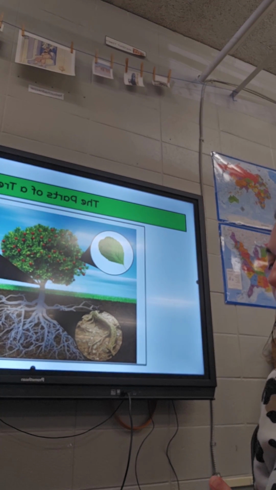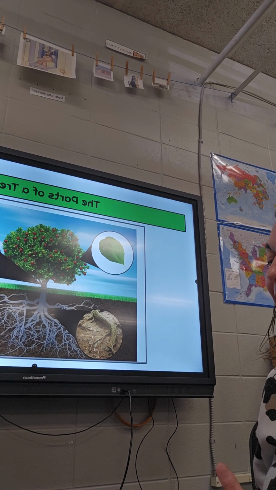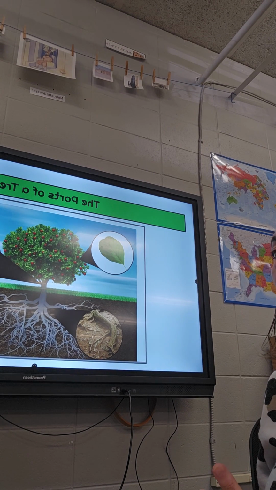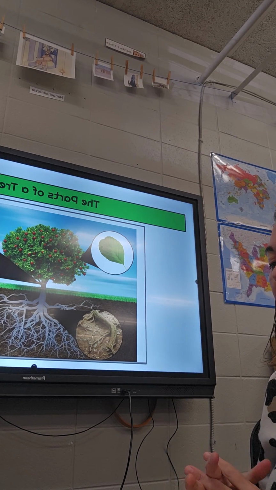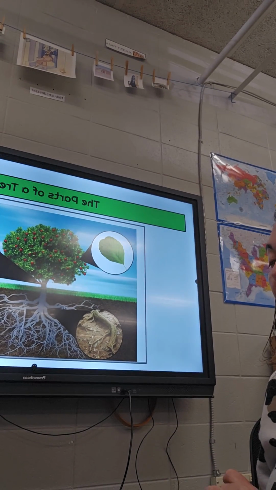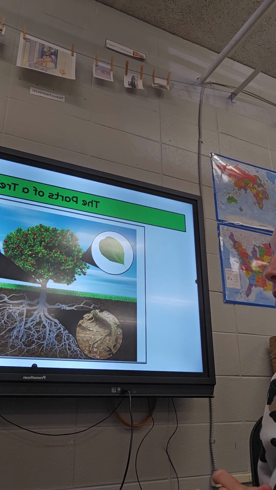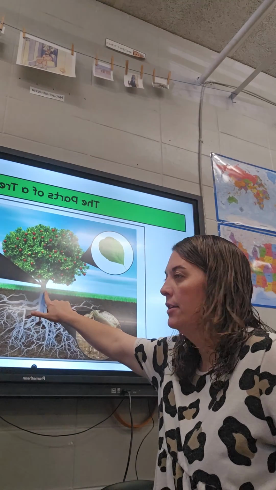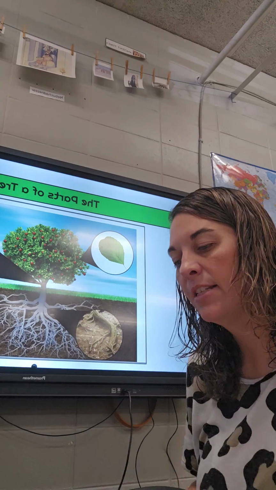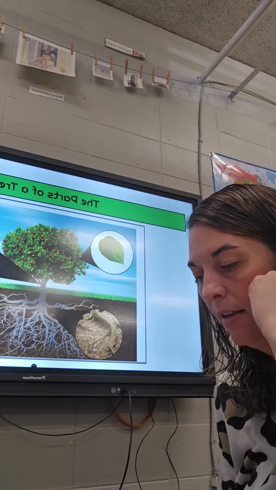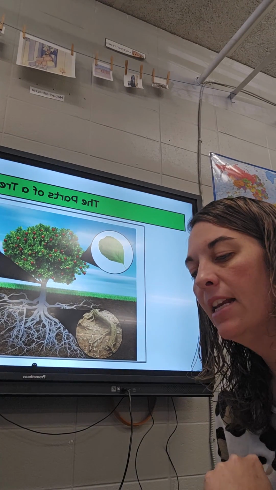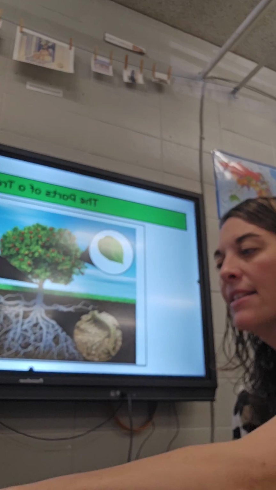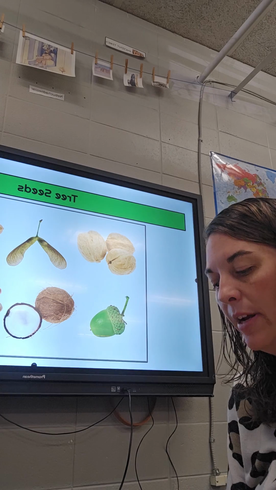Leaves are important because they enable the tree to produce food. Another important part of the tree is the outside layer called the bark. Have you ever heard the bark of a tree? It's the rough part on the outside. The bark protects the tree from outside forces such as heat, cold, insects, and bacteria.